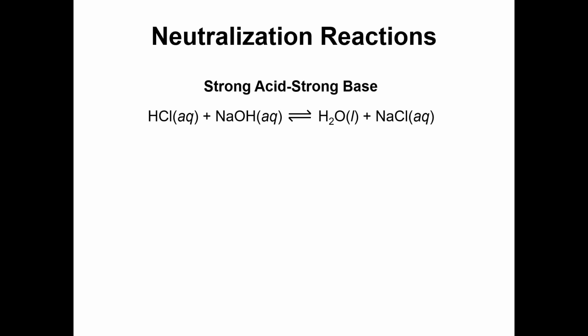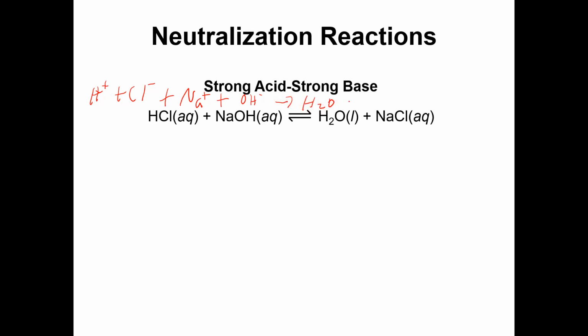So if we take this and write our ionic equation from it, we break apart everything that is aqueous into its ions. So we have the hydrogen and the chloride ions and the sodium and the hydroxide ions from our hydrochloric acid and our sodium hydroxide.